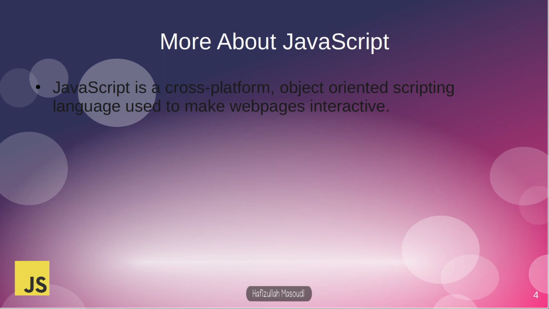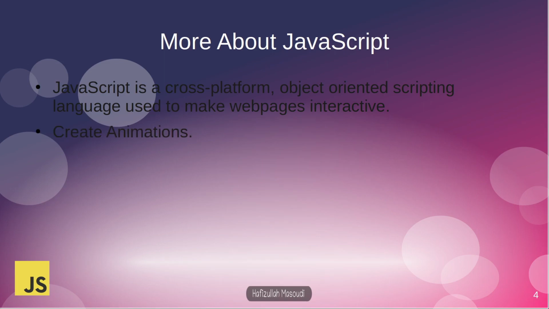Now cross-platform means you can create an application for almost every platform using JavaScript, whether it is a web page or web application or desktop application or a mobile application or any other application. And it is object oriented, so this means you can create objects of all kinds and play with them in your application, to make web pages interactive or user friendly.